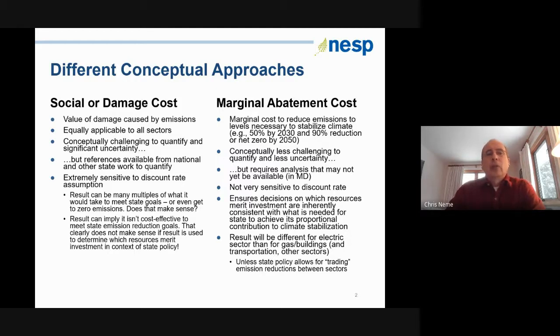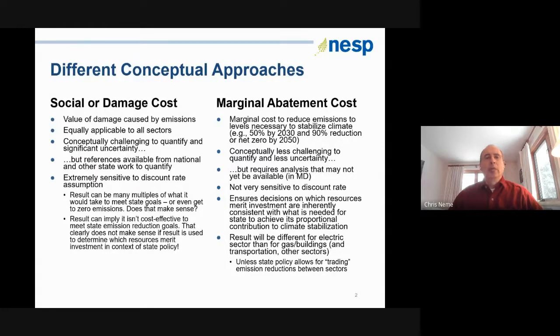In contrast to the damage cost method, the marginal abatement cost method is not particularly sensitive to the discount rate that you choose. So that's an advantage. Using the marginal abatement cost method ensures that the decisions regarding which resources merit investment are inherently consistent with what it would take for the state to achieve its proportional contribution to climate stabilization.